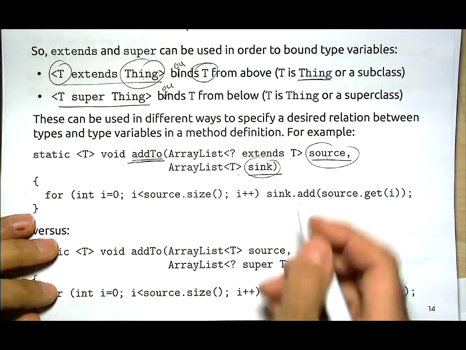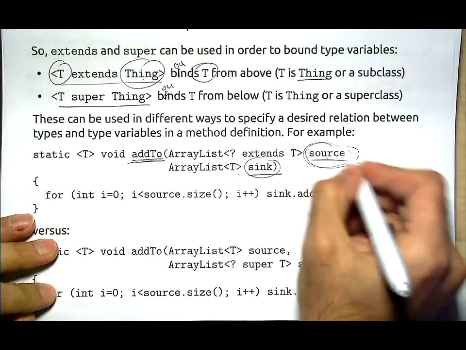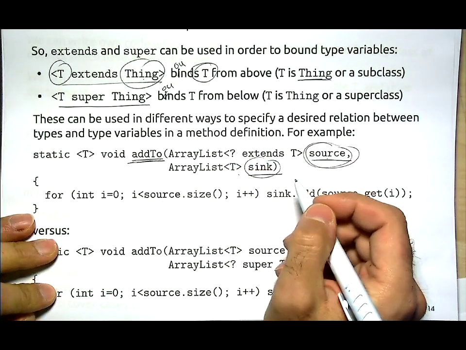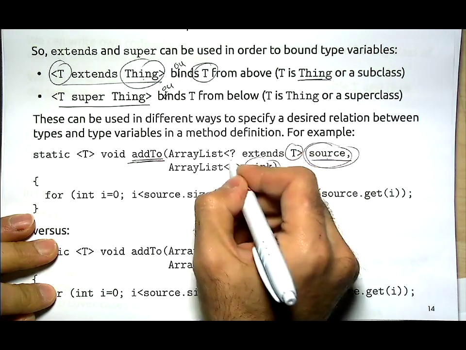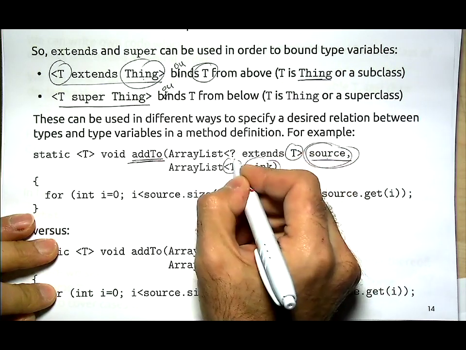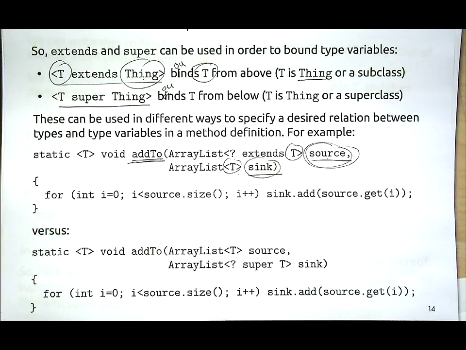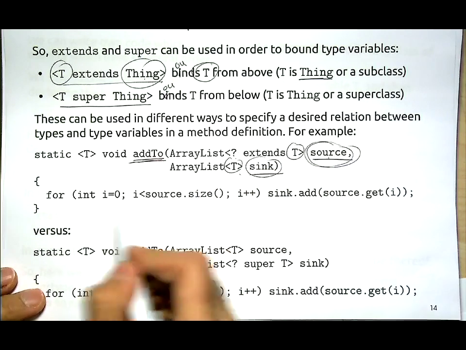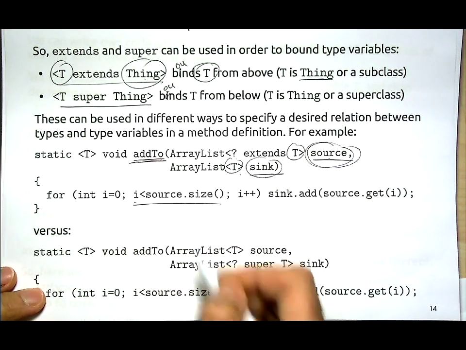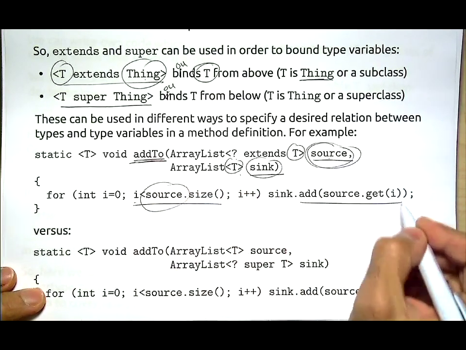So we can say this by saying the source can be either T, the same as sink, or anything that extends it, so any subclass. And then the code is actually quite simple. You go through all the elements of the source and you add them to the sink.